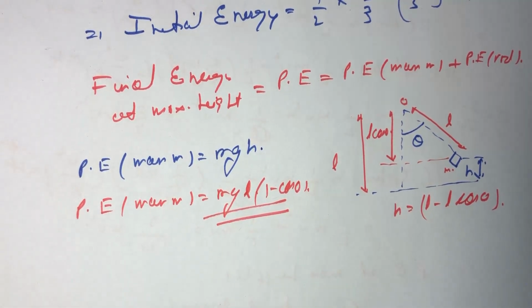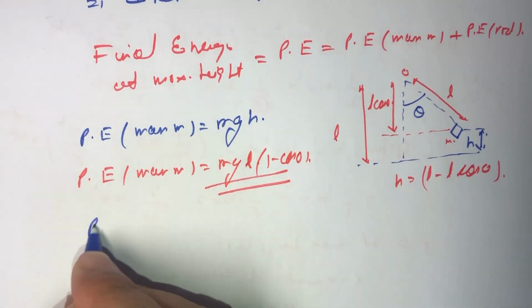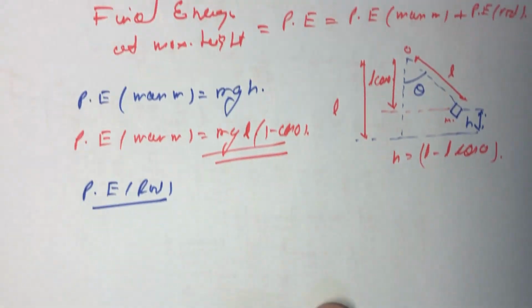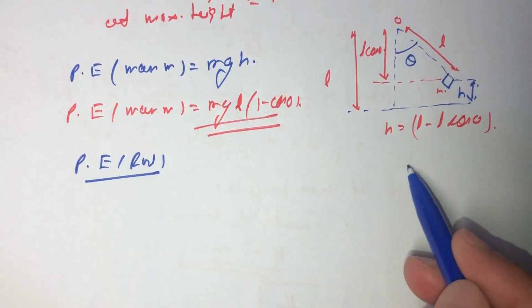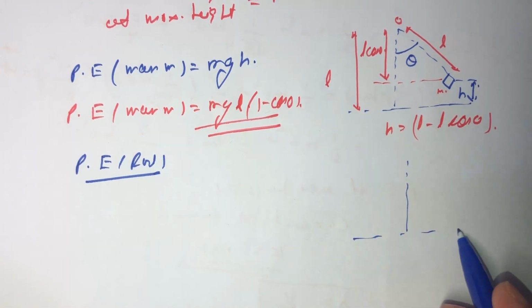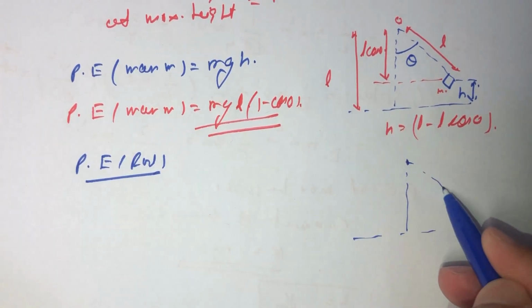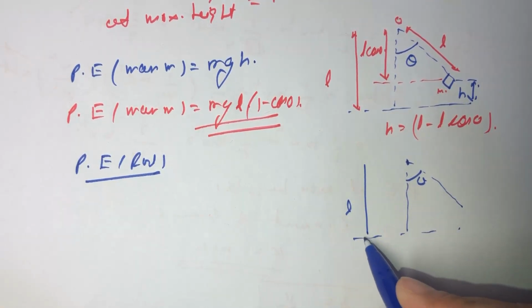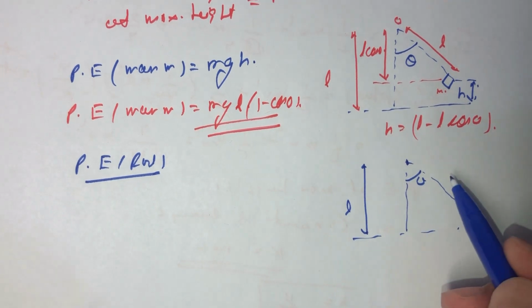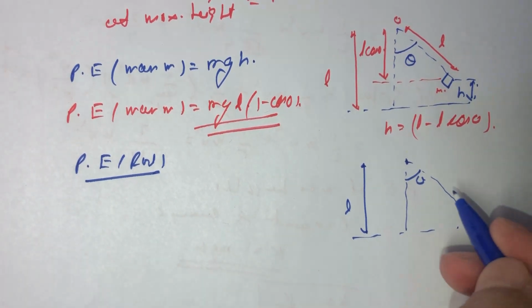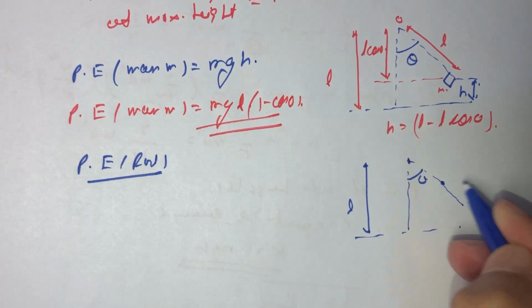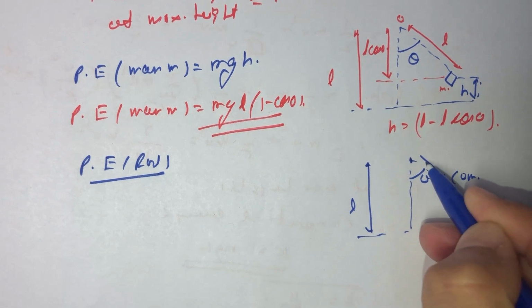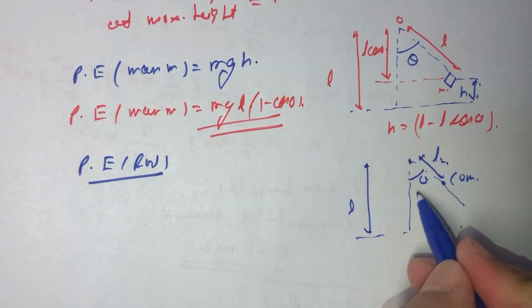And let's find out the potential energy for the rod. Let me draw the figure again. This is point O, and this is angle theta. So we have total length L, and as the mass is uniformly distributed, let us suppose this is the center of mass, and its length will be L by 2.